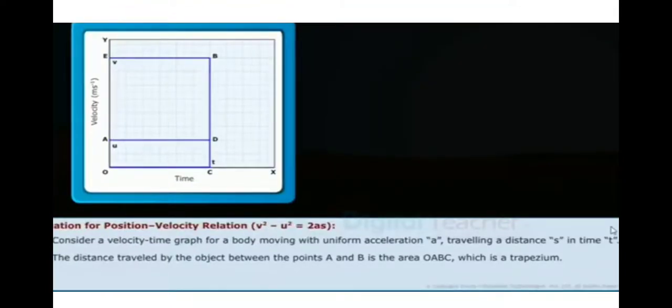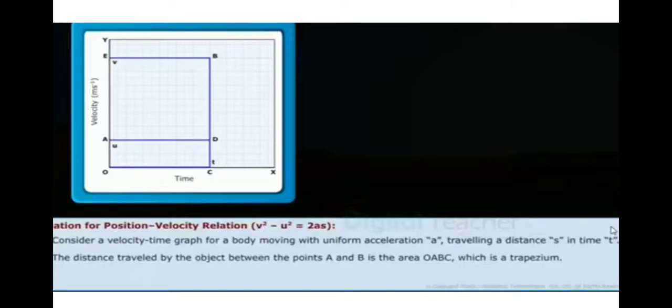Third equation. Equation for position velocity relation. v squared minus u squared is equal to 2as. Consider a velocity time graph for a body moving with uniform acceleration traveling a distance s in time t. The distance traveled by the object between the points A and B is the area OABC, which is a trapezium.